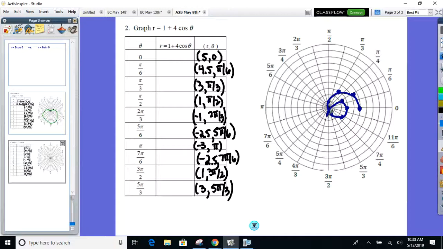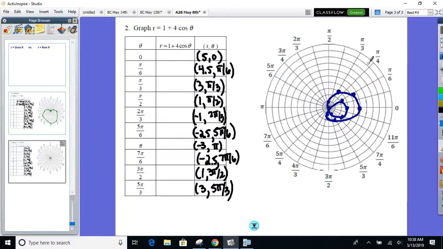Look at this thing, huh? And then 3, 5 pi over 6. 1, 2, 3. Look at that thing. Look at that beaut. That's unbelievable.